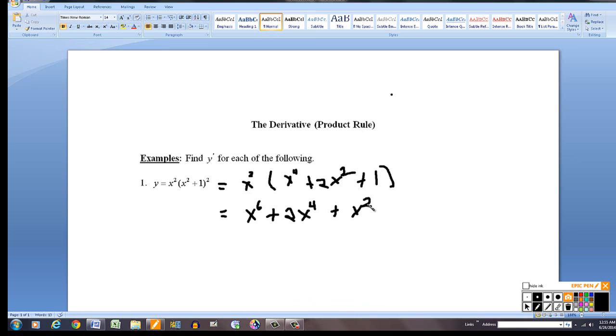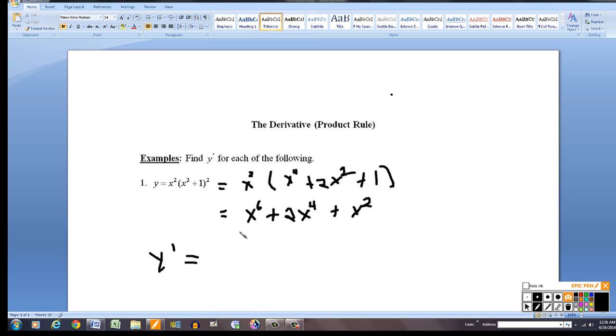So now I have a basic polynomial, and that's probably the simplest type of function to take the derivative of, because you just use the basic power rule. So y prime, that's the derivative of the function, denoted by y prime, is going to equal, let me clear this here. So I just take the derivative term by term.